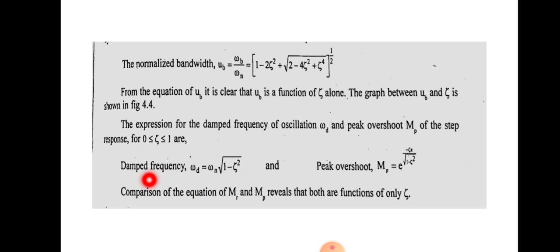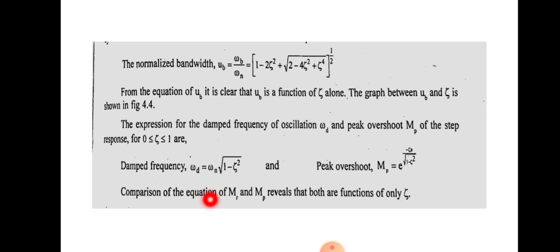Omega_d equals omega_n into square root of 1 minus epsilon square. Similarly, peak overshoot M_P equals e raised to minus epsilon pi divided by square root of 1 minus epsilon square. You have studied the M_P and omega_d equations in the second module.